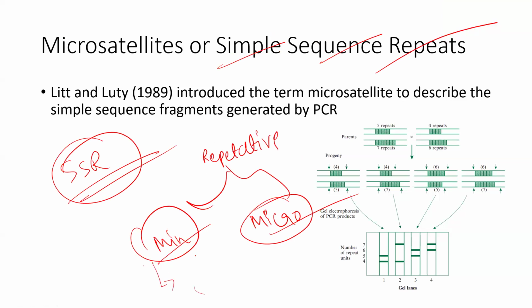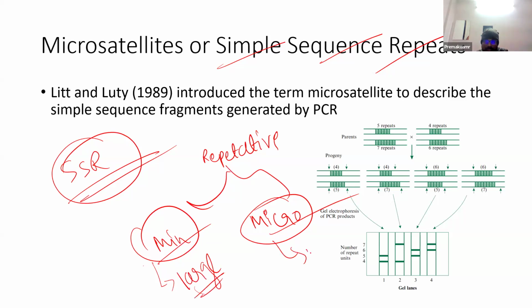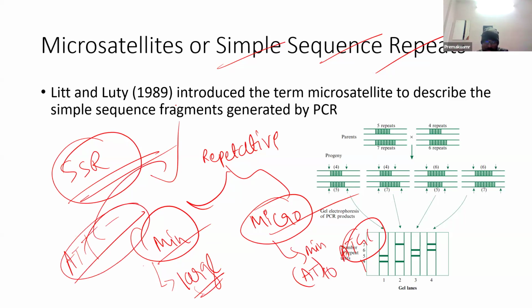In minisatellites, there would be repeats of 10 to 20 kb, sir. It's a very large repetition, whereas this is a very minor repetition, like AT repeated 10 times, ATGG repeated 11 times, 50 times, 20 times like that. But in minisatellites, some kb of sequence is repeated in millions of base pairs, several thousands of kb.